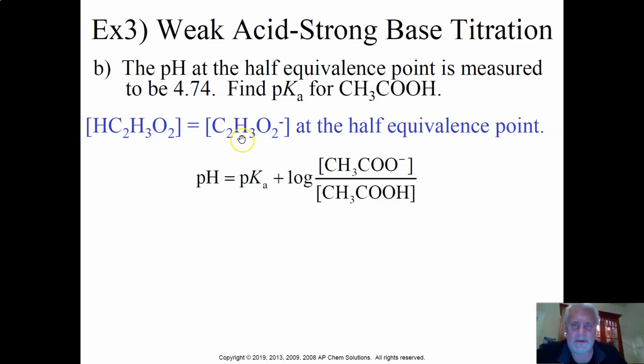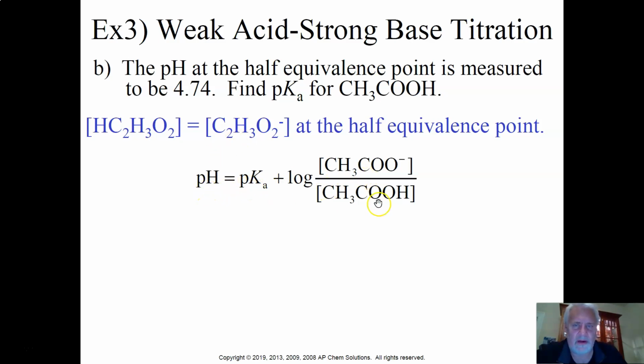Now, remember, here's one of the definitions. The weak acid and its conjugate base are going to be equal at the half equivalence point. Okay? Because it's half gone, and the new stuff is half formed. Okay? So that's halfway there.